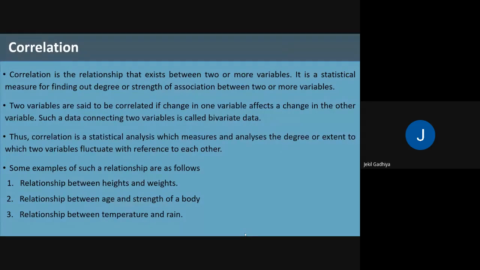If our age increases, after 40 or 50 our strength will decrease. Temperature and rain, both are related to each other, we already know. So these are examples of correlation. Please read this, then we move on to the next slide.